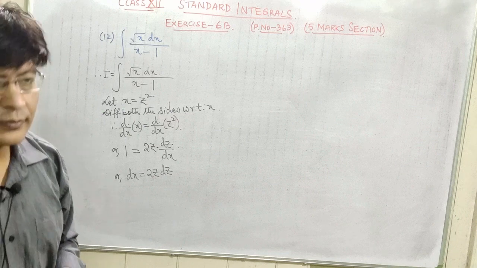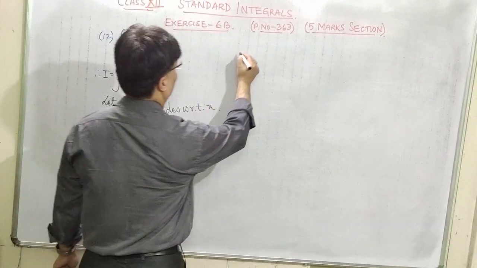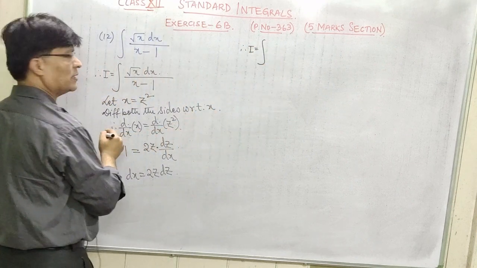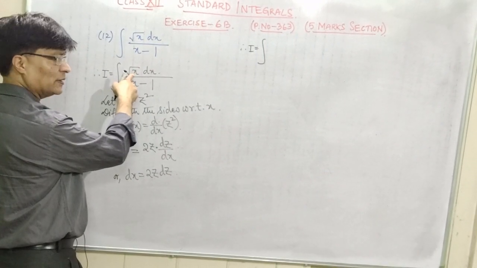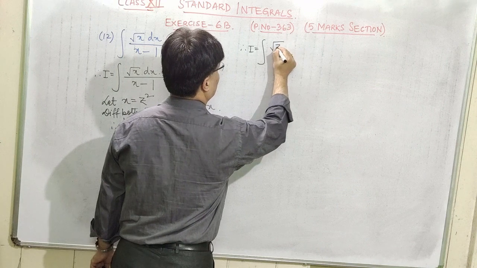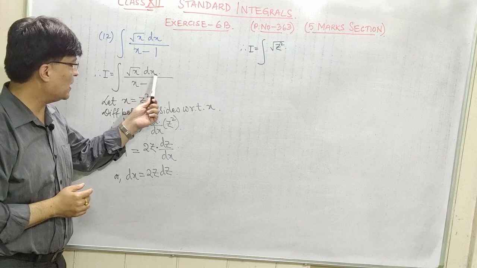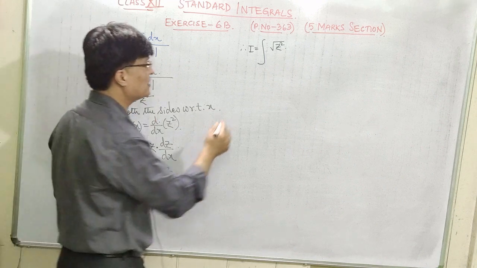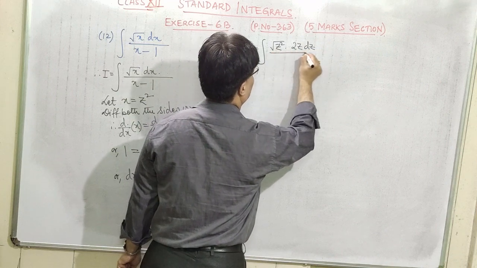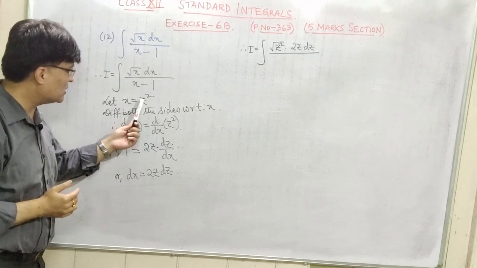Okay. So now next, let us put these values in I. So what does I become now? So I is equal to integration of, within root x is there. What is x here? Z square. So it is root over z square into, next, what is the value for dx? It is 2z dz. Let us write here 2z dz, this whole divided by, what is x here? It is z square.